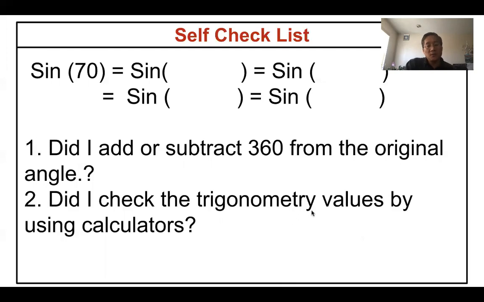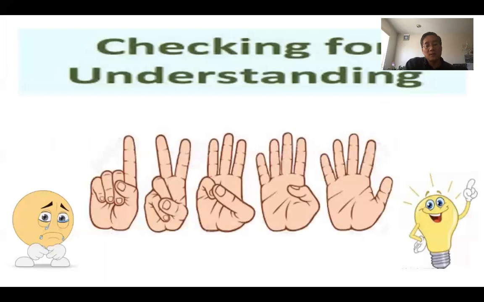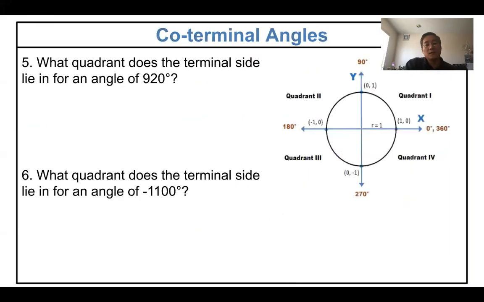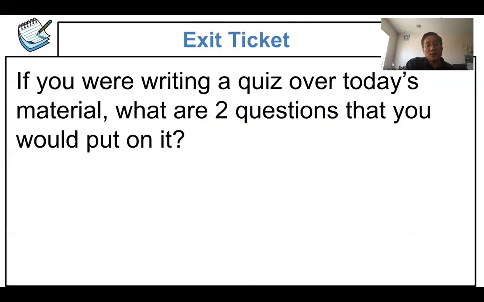Now if you look at today's packet, you will have about 6 questions, up to number 6. Finish this, and if you go down more, there is an exit ticket. Can you do this, take pictures of them, and email them to me? All right, thank you.